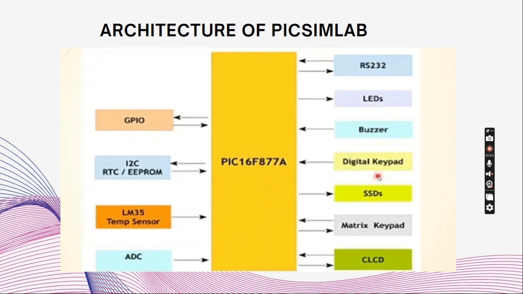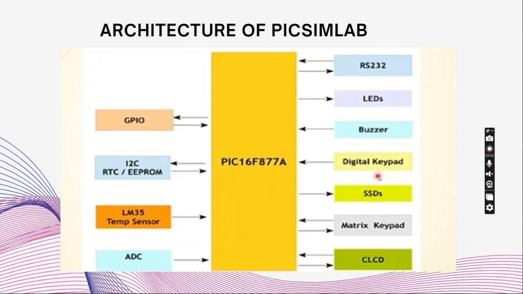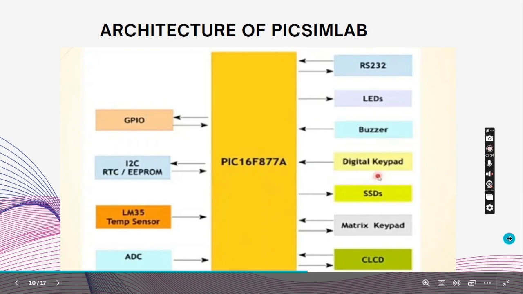It comprises GPIO, general purpose input output, I2C, RTC, EEPROM, LM35 temperature sensor, ADC, RS232, LEDs, buzzer, digital keypad, SSDs, matrix keypad and CLCD. We will check about the matrix keypad and CLCD in the coming slides.